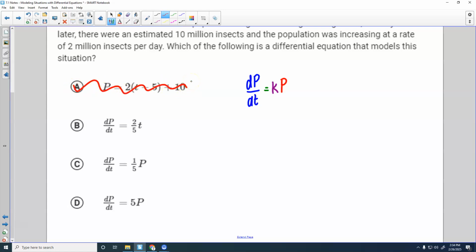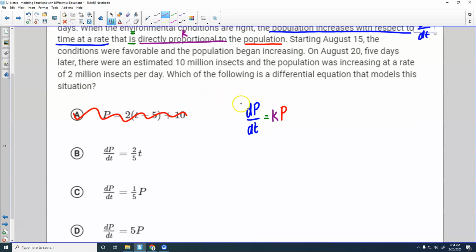Okay? So we probably could go ahead and rule out A as an answer choice because it has nothing to do with dP/dt. But then we've got three answers that could all possibly be the correct answer. This one is actually asking us to find the K value here. Could you rule out B because it's just got the T next to it? Oh yes, you were right about that. We could rule out B because of the T that is included there.